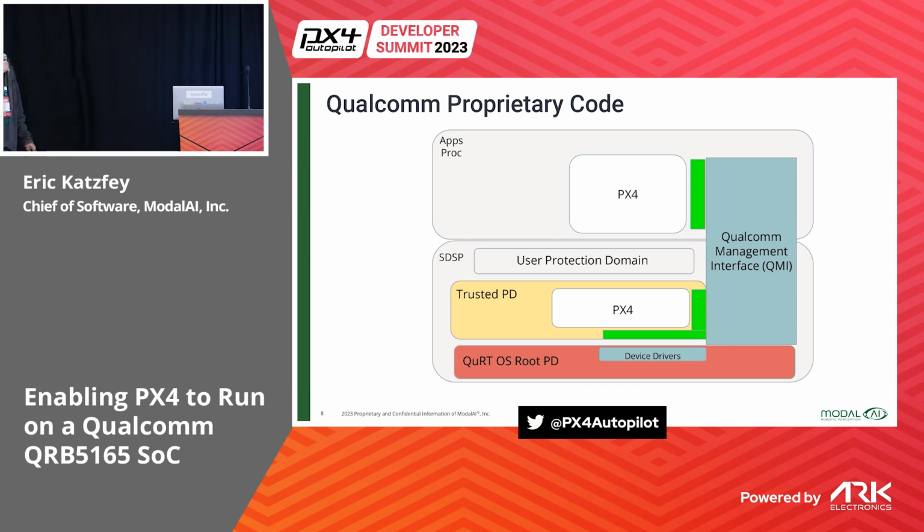It's intended for people who are developing specific applications for something like a smartphone. They'll use all this. It's not really intended for an open source software package like PX4.